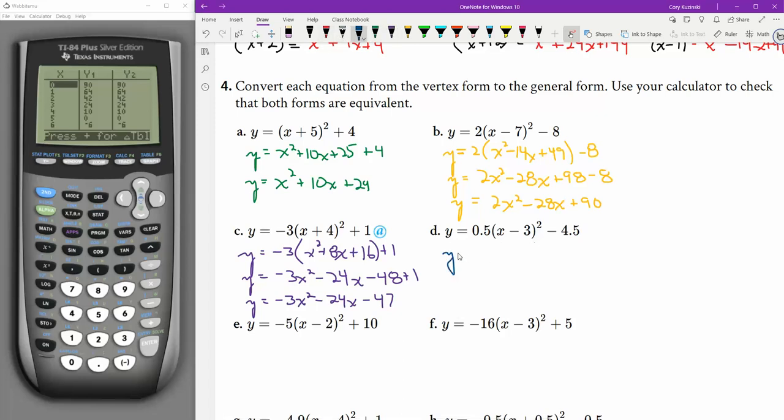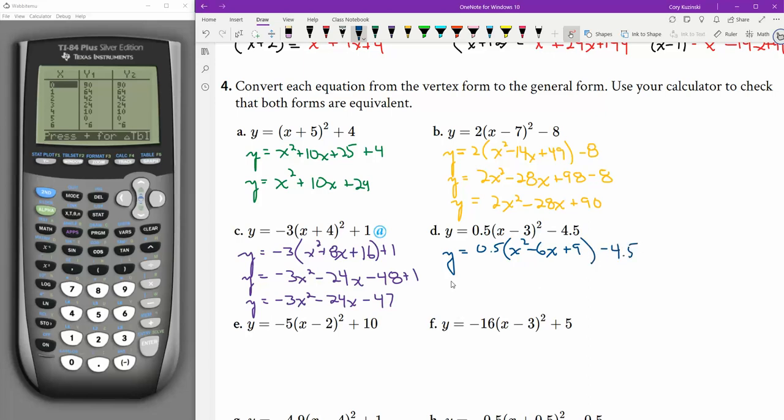All right, how about y equals 0.5x. Ooh, no, wait, what am I doing? I'm distributing first? No, sirree. Let's do the squaring of the binomial. So I got the x squared. Negative 3x and negative 3x makes negative 6x. And then 3 squared makes 9.